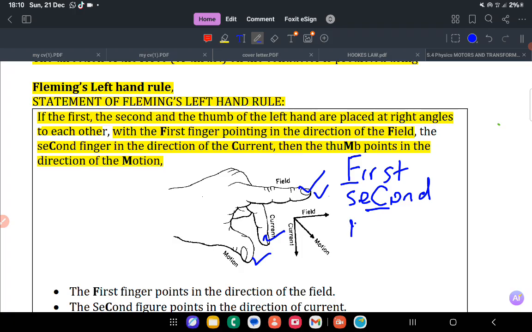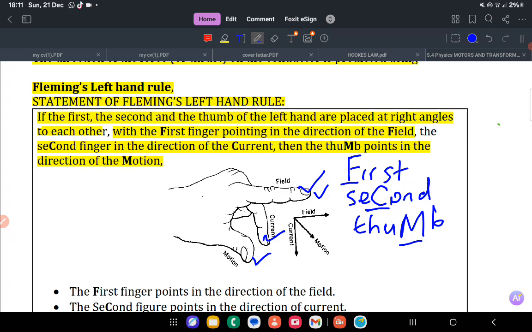And lastly, the thumb, capitalizing M, will represent motion of the conductor in that particular field.